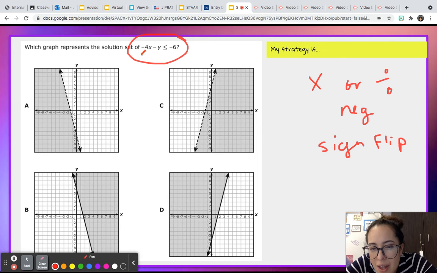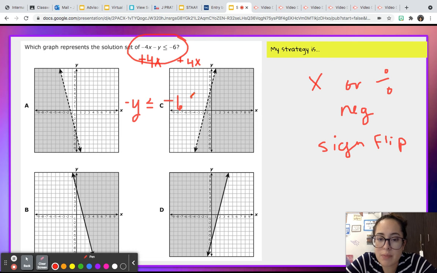So, I'm going to isolate y. I'm going to add 4x to both sides. Now I have negative y is less than or equal to negative 6 plus 4x. Now I am going to get rid of this negative sign.